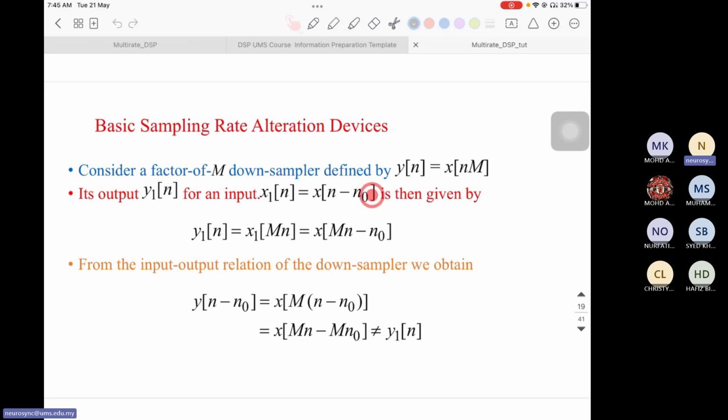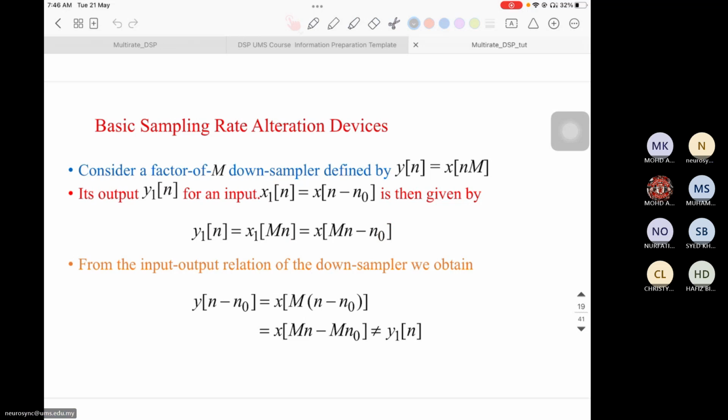For this delayed input, let us say the output is y1 of n. Because of the downsampling relation, y1 of n is x1 of nM. Since we are delaying the sequence by n naught, I can write this as x of Mn minus n naught.